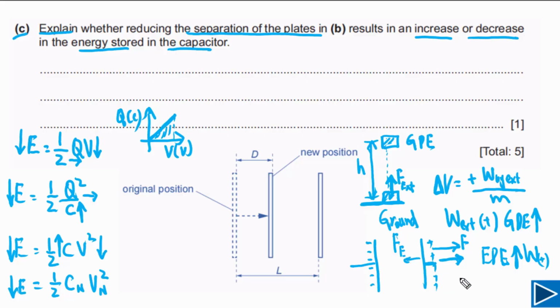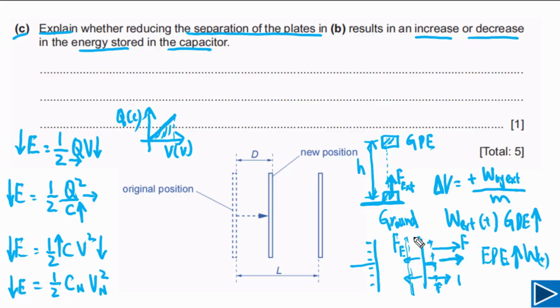This is also true if we bring the plates together, meaning if we move this positive plate this way. In this case, the external agent has to apply force this way to move this plate from here to somewhere here, and it has to keep the kinetic energy of this plate constant. Means there should not be any change in the speed of the plate, so we have to move it very slowly.